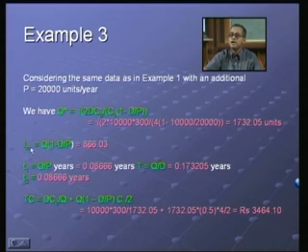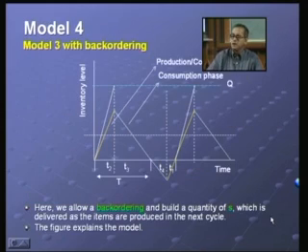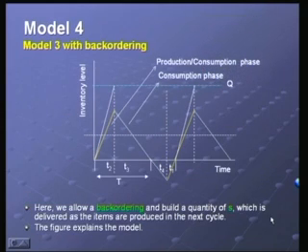The maximum inventory is Q into 1 minus D by P, on substitution gives us 866.03. T1, the production cycle, is 0.08666 years and the consumption cycle is also 0.08666 years. Total cost is D by Q C naught plus Q into 1 minus D by P Cc by 2, which is 3464.10.